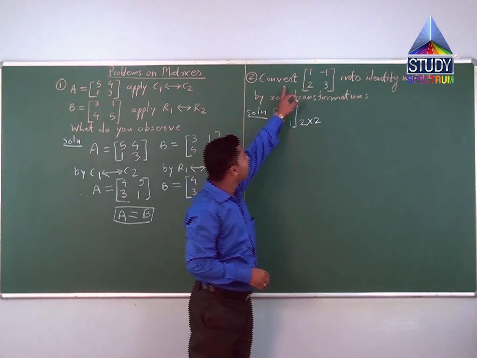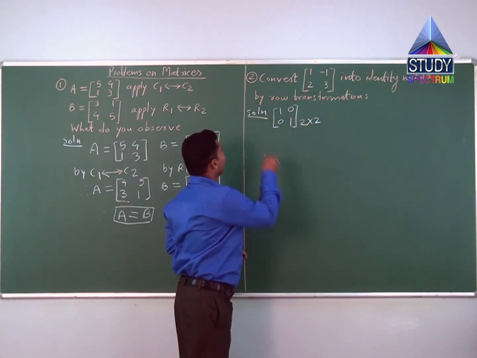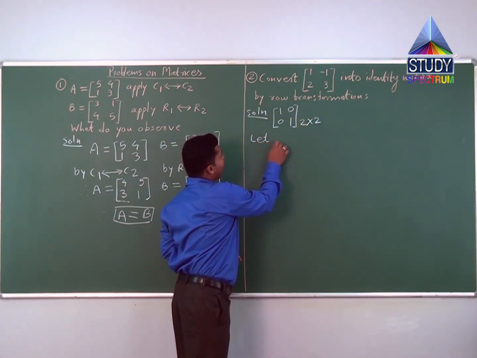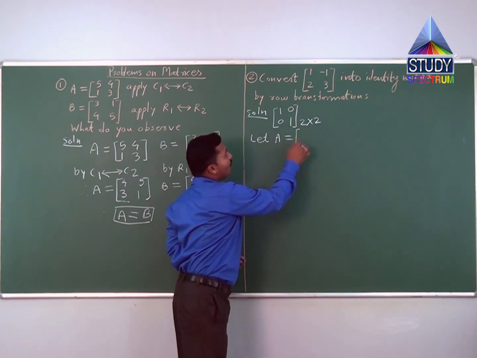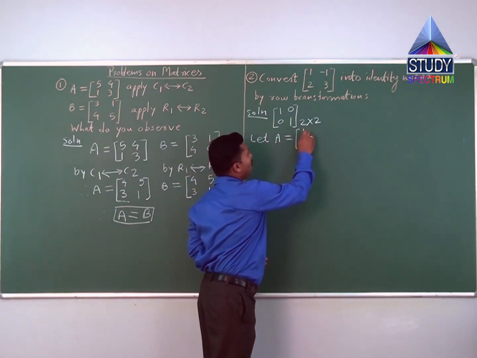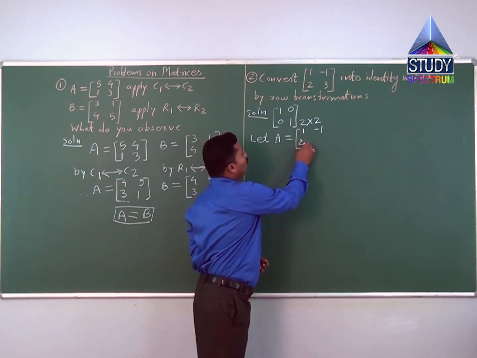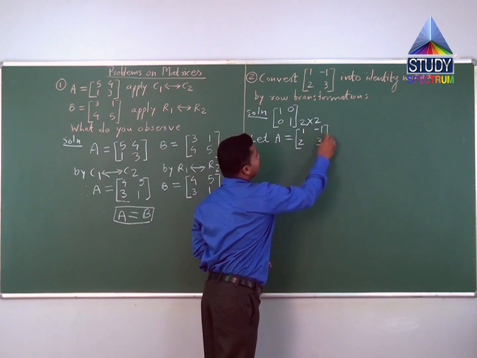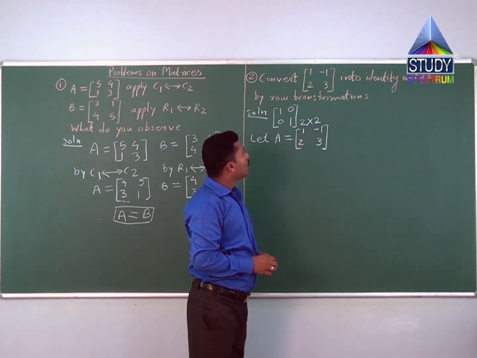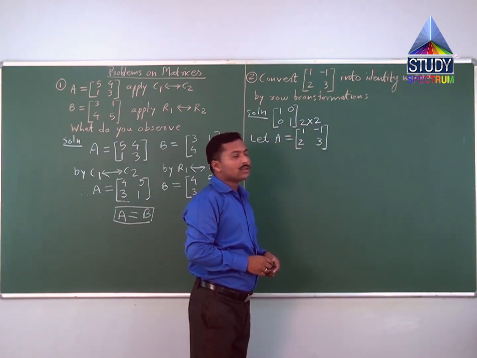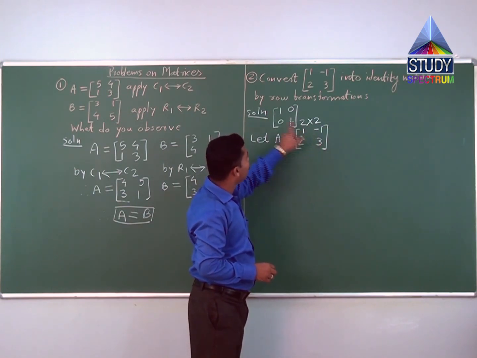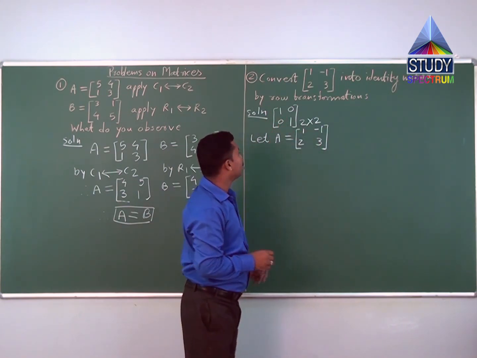So we take this matrix as A. Let A equal first row 1 minus 1, second row 2 3. By using row transformations we convert this matrix into the identity matrix.